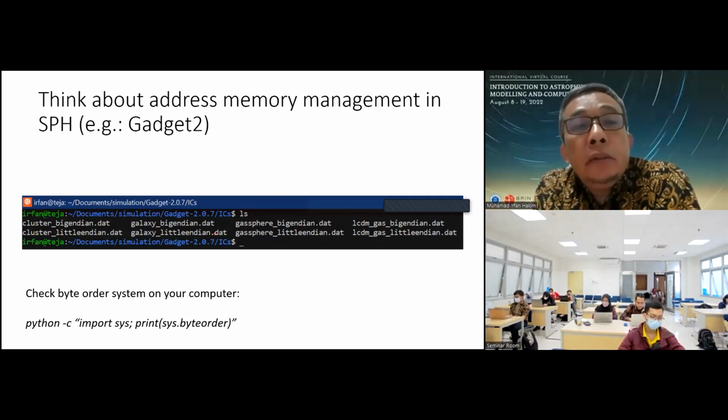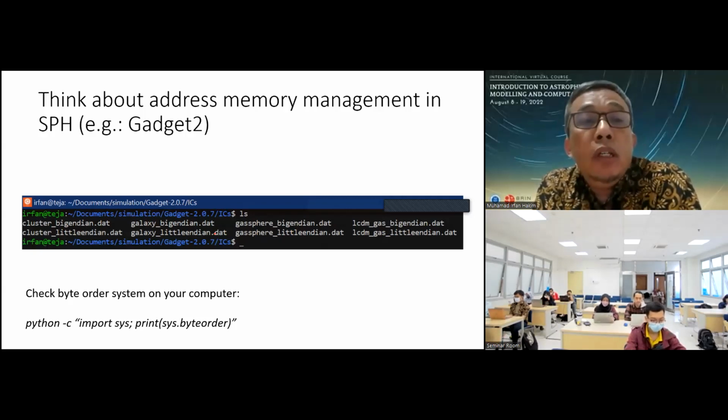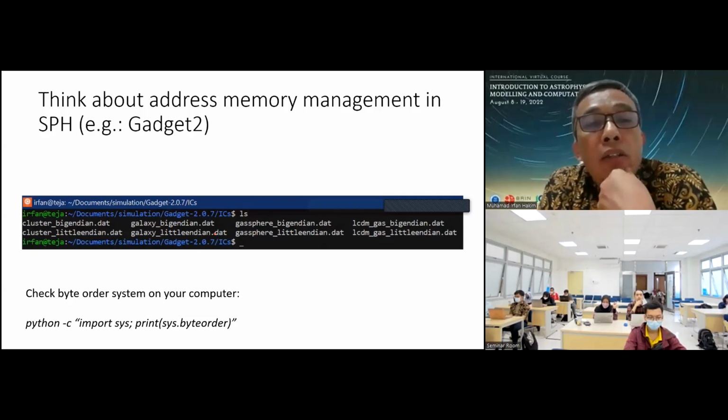This is a folder for setting up initial condition for using Gadget 2. By the way, now Gadget has version number 4.